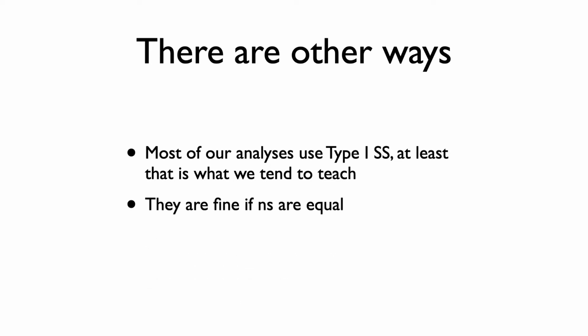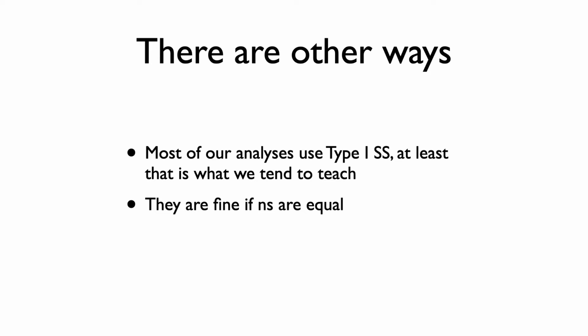And if the ends are equal, by the way, for all the groups, they're fine. They're perfectly fine. But if the ends aren't equal, it depends on what order you do the calculations in. What? It just does. You'll see why when we talk about regression, because we'll talk about type 1 and type 3 sums of squares.